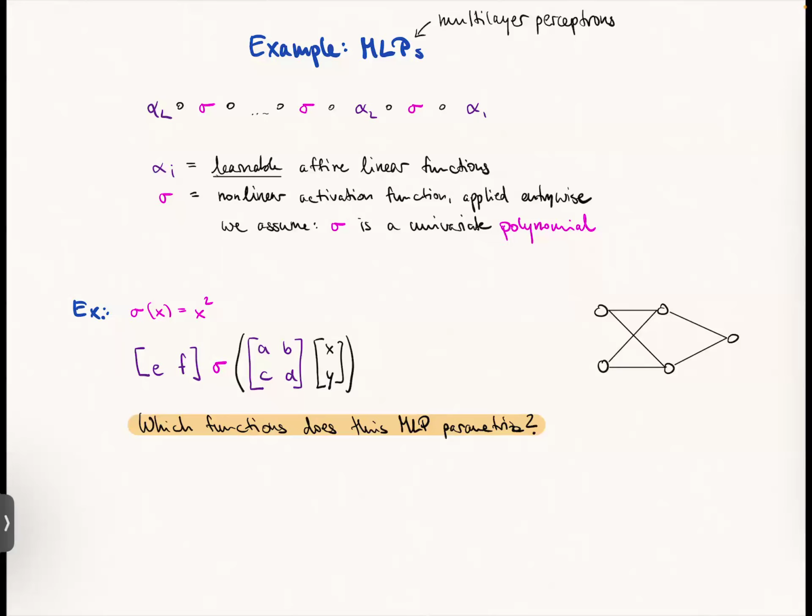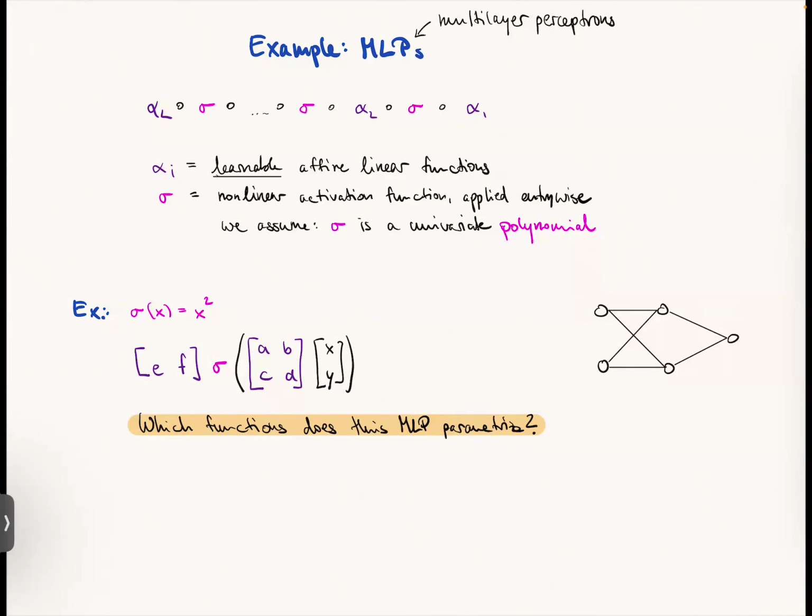And now I want to ask someone to tell me what type of functions does this network parameterize? I hope someone is brave enough. Quadratics? Yes, you get quadratic functions in X and Y.